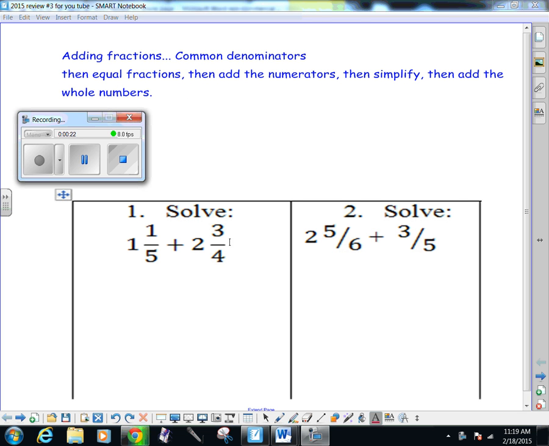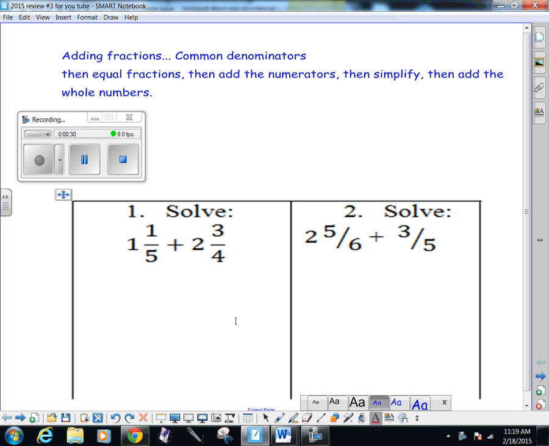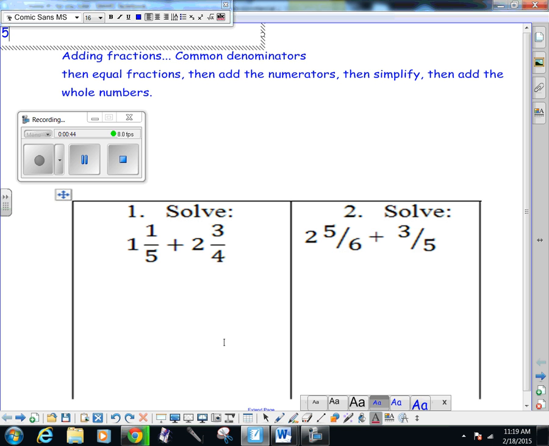So I'm going to be adding these fractions, and the first thing I need to do is to find a common denominator. So I remember that to find my common denominators, I look at the denominators that I have. I've got 5 and 4, and so I think of the multiples of 5. So in my head I count out 5, 10, 15, 20, and they're up at the top.